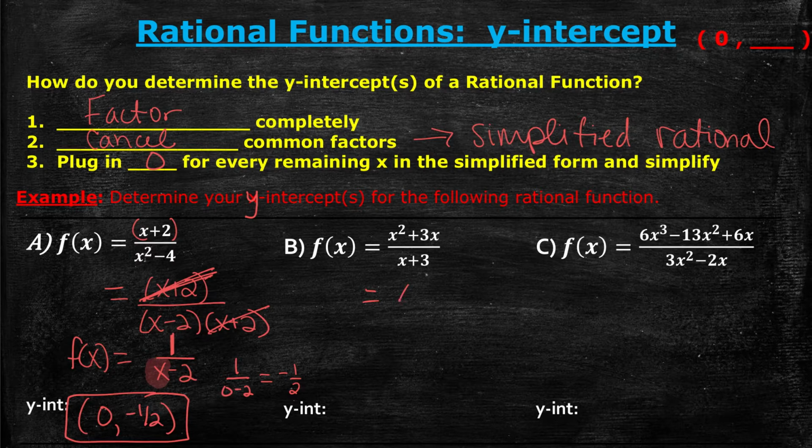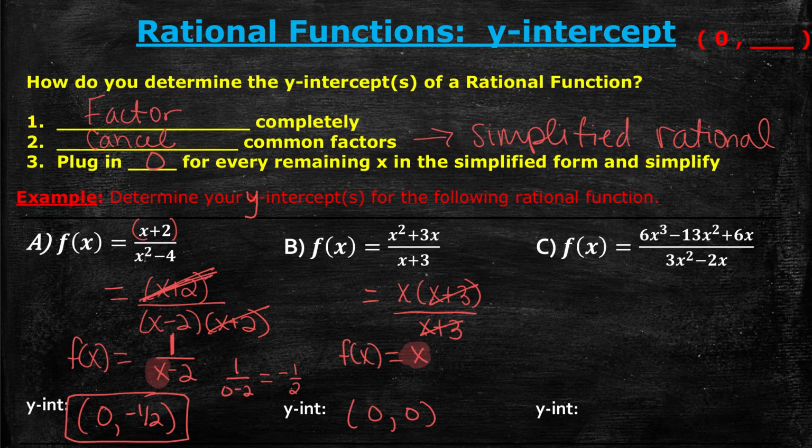Your numerator has a GCF of x, so x plus 3 is what you have after you divide out the x, and then the denominator is x plus 3. Cancel the x plus 3's, so our simplified rational is just f of x equals x.